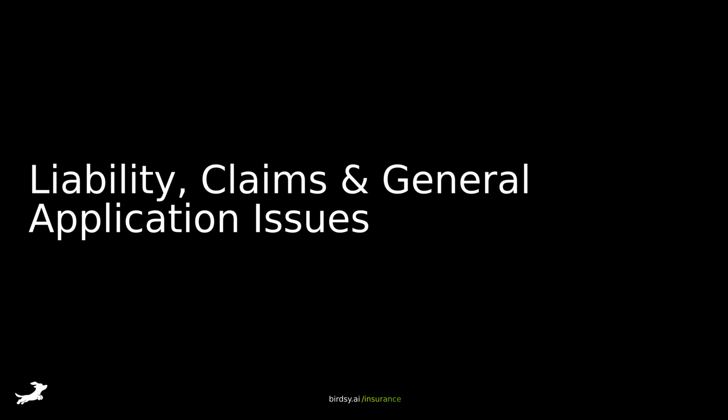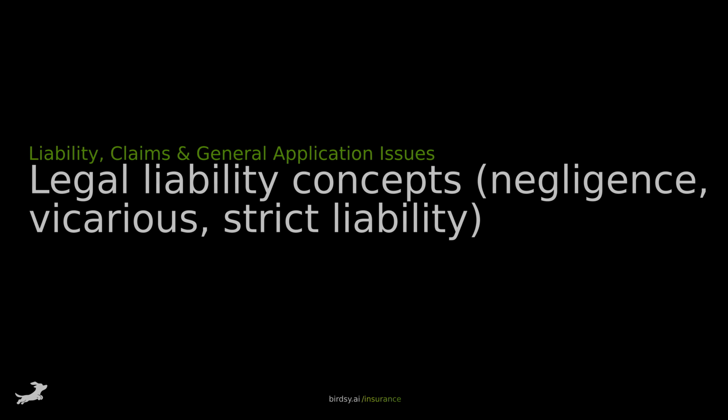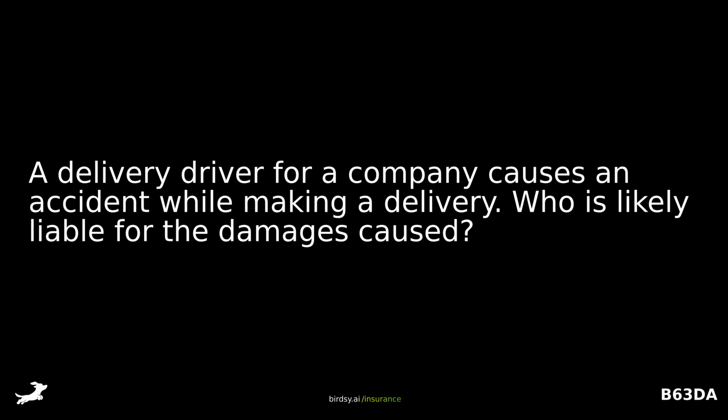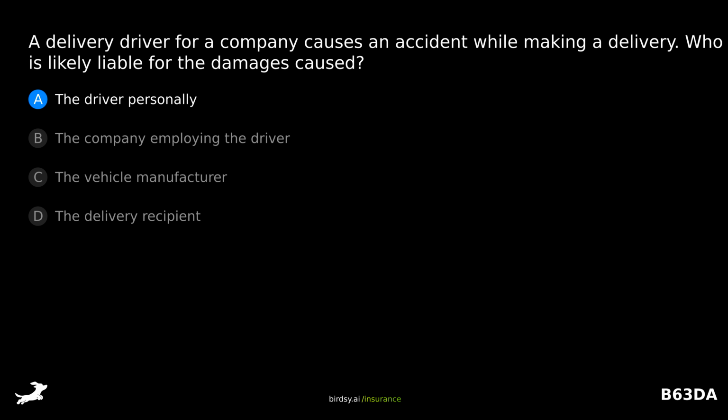Liability, claims, and general application issues. Legal liability concepts: negligence, vicarious, strict liability. A delivery driver for a company causes an accident while making a delivery. Who is likely liable for the damages caused? Is it A, the driver personally? B, the company employing the driver?